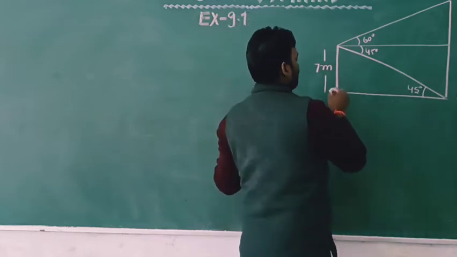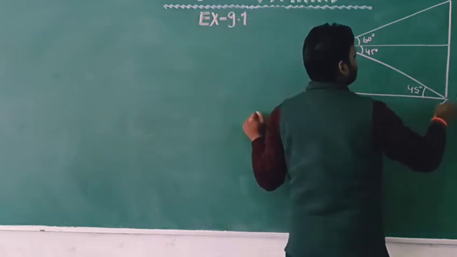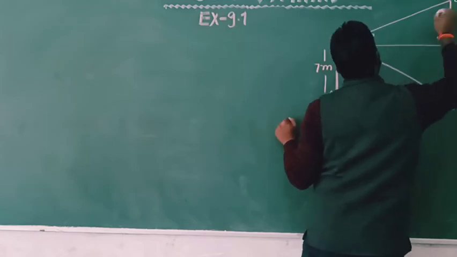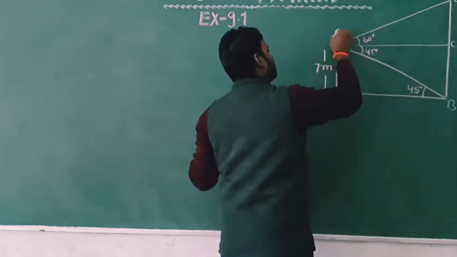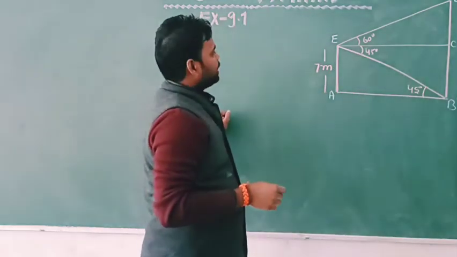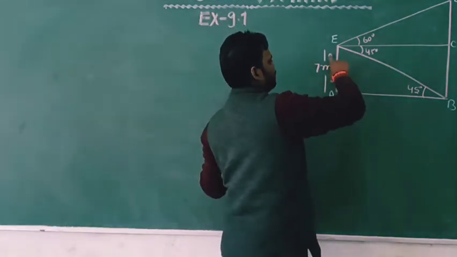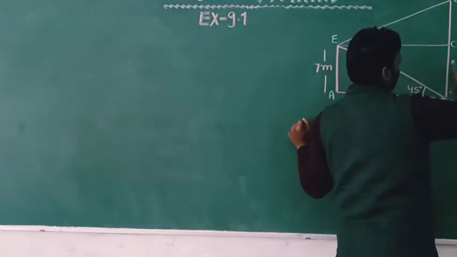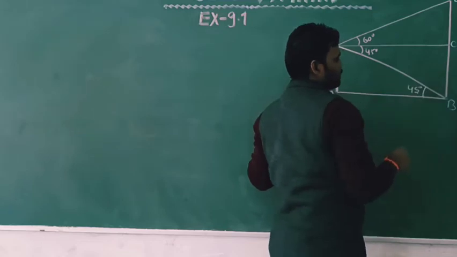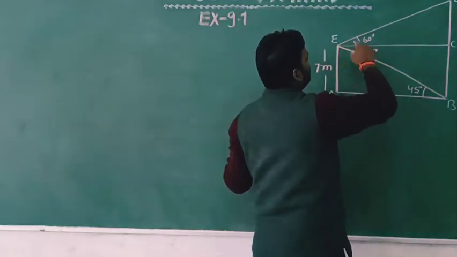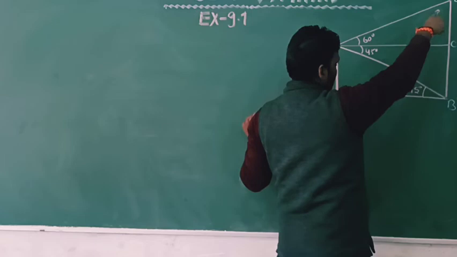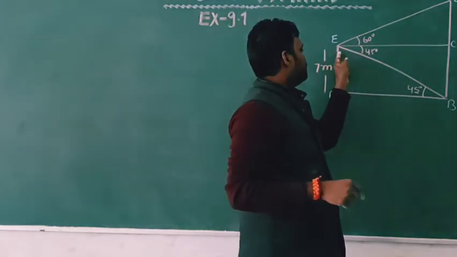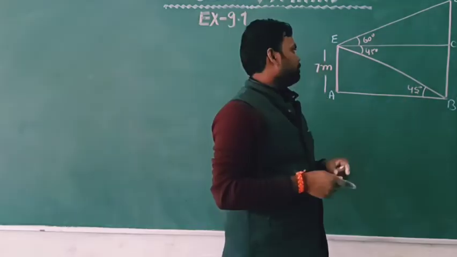Naming the points: A, B, C, D, E. Here in this figure, AB is the 7 meter high building and BD is the tower whose height is x. The angle of elevation from the top of the building to the top of the tower is 60 degrees, and the angle of depression from the top of the building to the foot of the tower is 45 degrees.